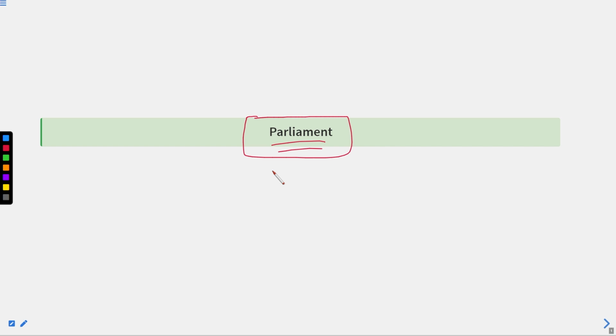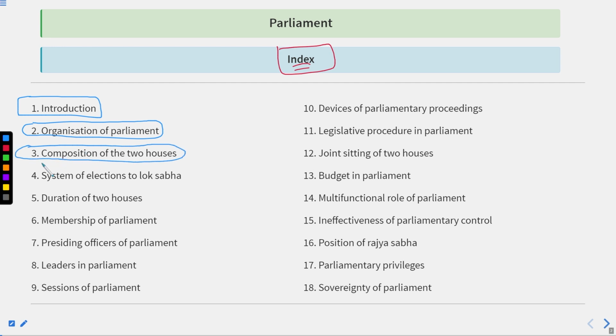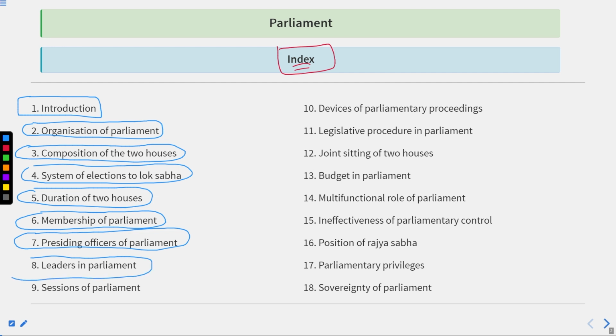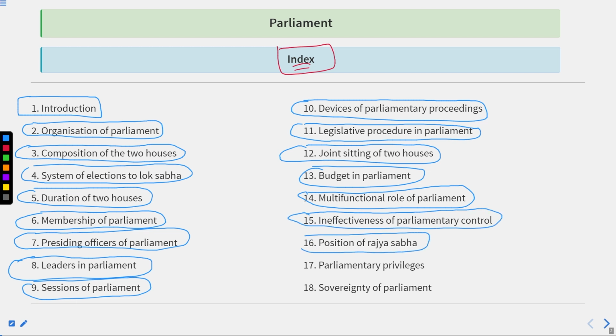These are the topics that we have scheduled for discussion under this series: the introduction, organization of parliament, composition of two houses, system of election to the Lok Sabha, duration of two houses, membership of parliament, presiding officers of parliament, leaders in parliament, sessions of parliament, devices of the parliamentary proceedings, legislative procedure in parliament, joint sitting of two houses, budgets in parliament, multifunction role of parliament, ineffectiveness of parliamentary control, position of Rajya Sabha, parliamentary privileges, and the sovereignty of the parliament.